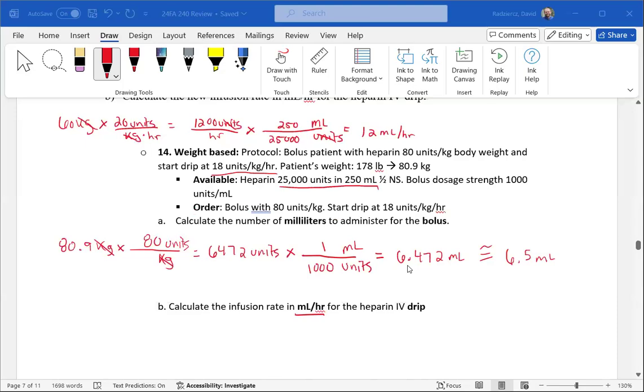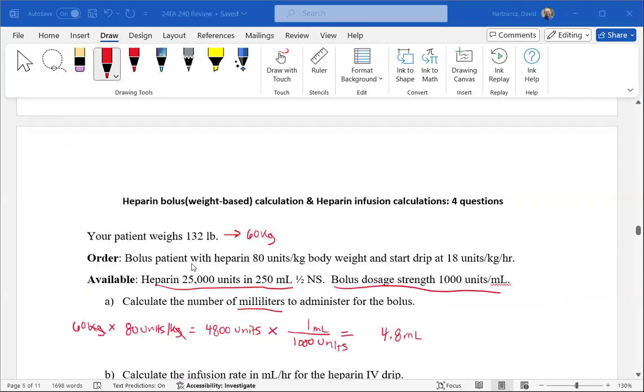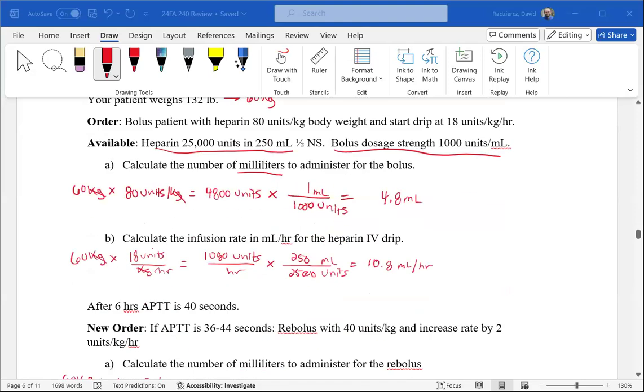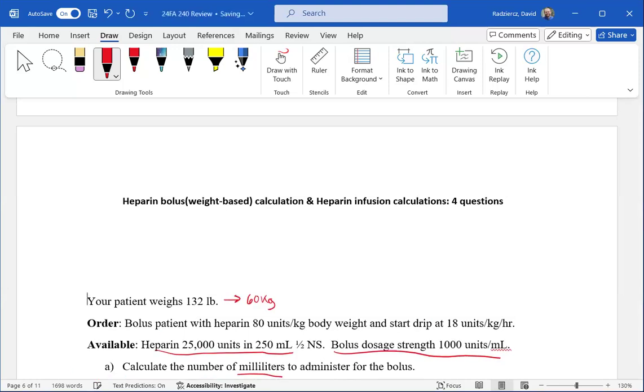What I'll do is let me give you another example. I'm just going to focus on these first two questions. Like I said, the only thing that really changes with this is the patient's weight. So I'm just going to change the patient's weight and add it here to give you some additional scenarios.